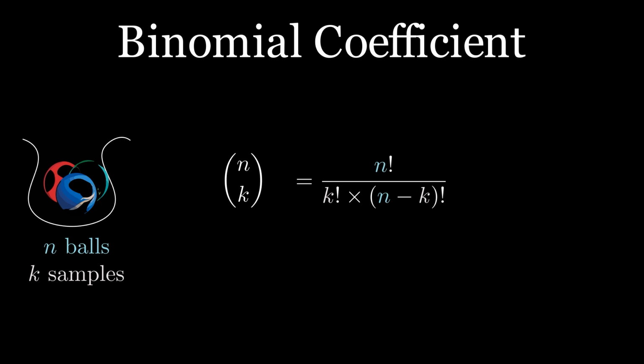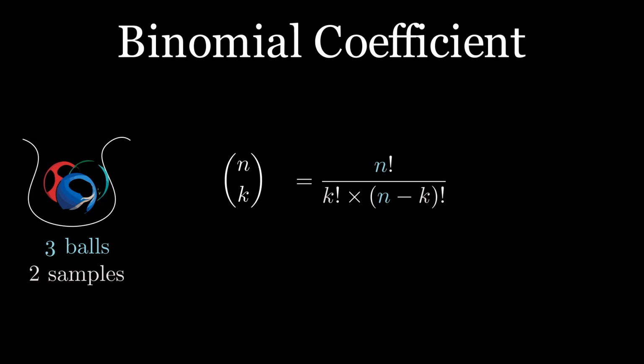Let's see how we can calculate binomial coefficient using the formula n choose k with an example. In our case, n is 3 since we have 3 marbles in the jar. And let's say we want to choose 2 marbles from the jar.